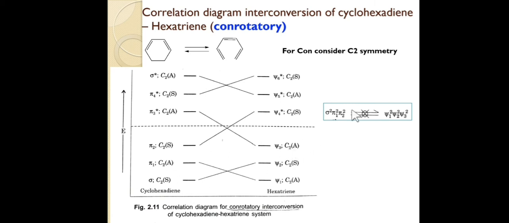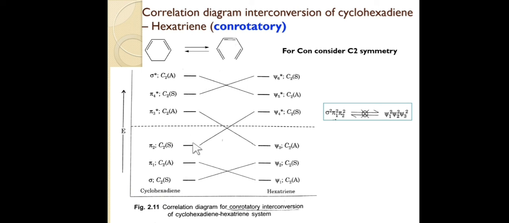So the ground state of the reactant is not matching with the ground state of the product. Therefore, we can say that the conrotatory process is not thermally allowed in the case of cyclohexadiene to hexatriene.